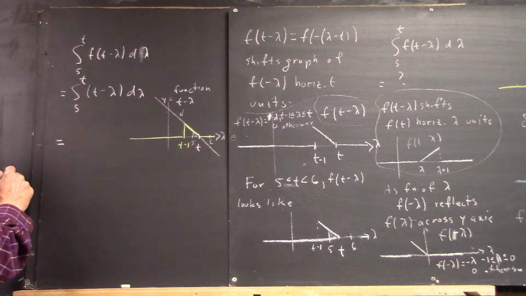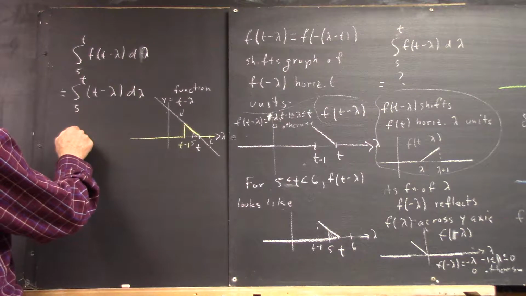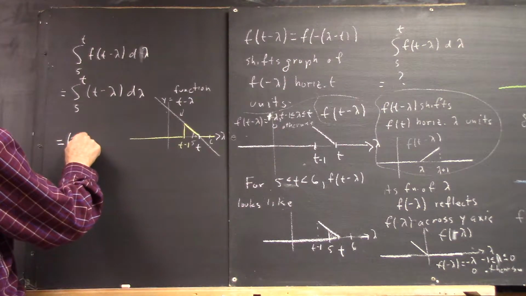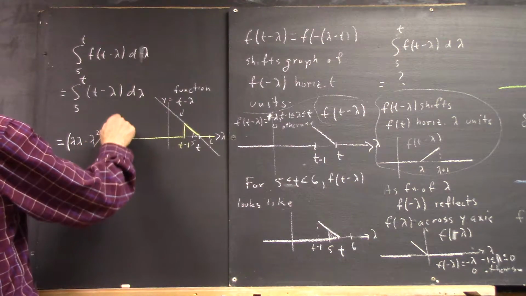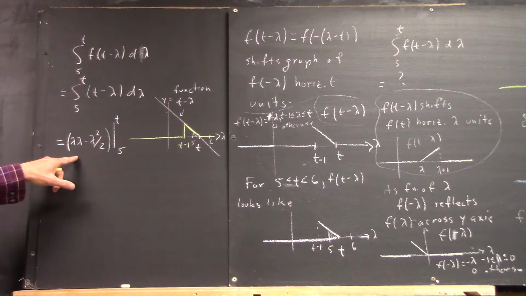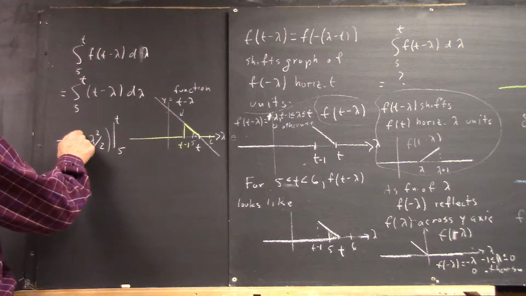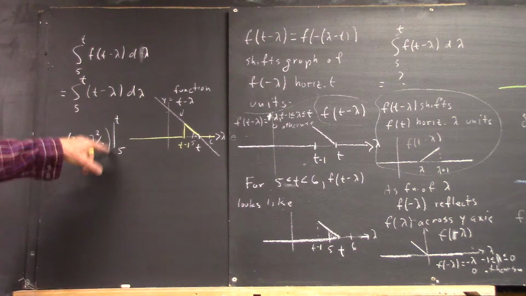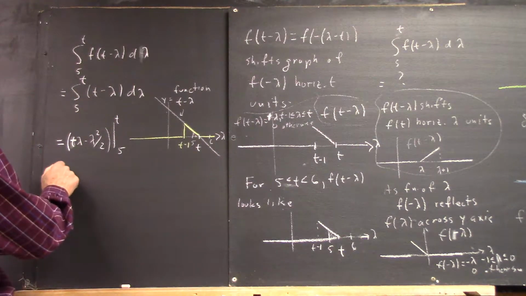So that is then, and I'm having trouble distinguishing a t from a lambda when I write it, but it's t lambda minus lambda squared over 2, the antiderivative of this function with respect to lambda.